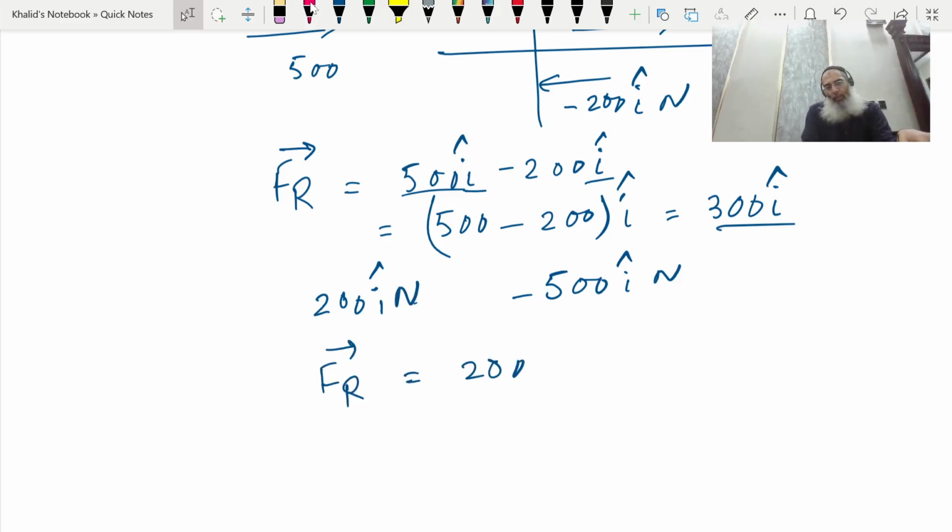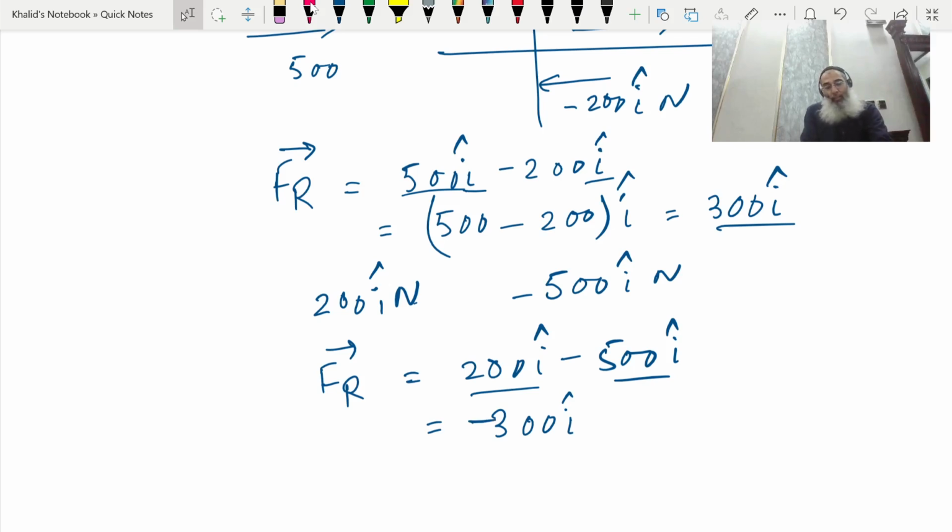It's 200 i cap minus 500 i cap. Students usually make a mistake: they write the difference, but they do not write the sign.